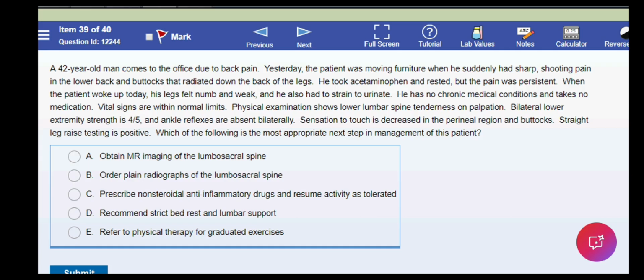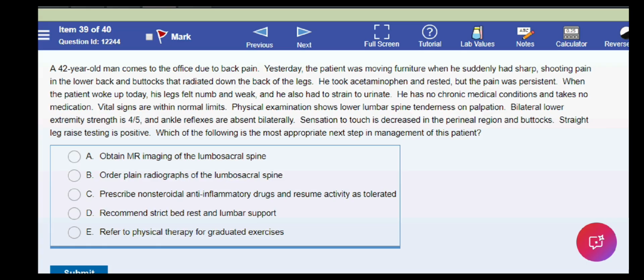So what should we do? For sure, choices C, D and E are not that good, meaning NSAIDs or bed rest or physical therapy. No, we need something to confirm the diagnosis, to look for nerve compression or surgical problems. So what should we do?